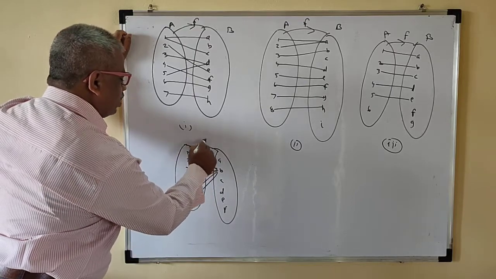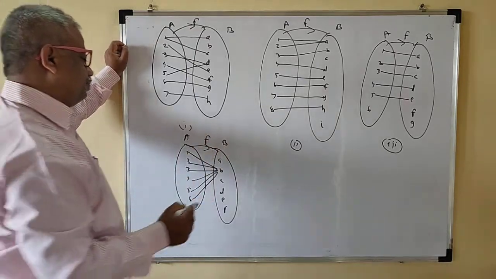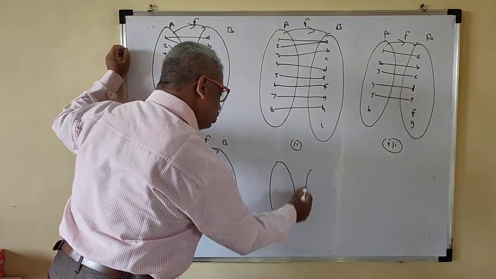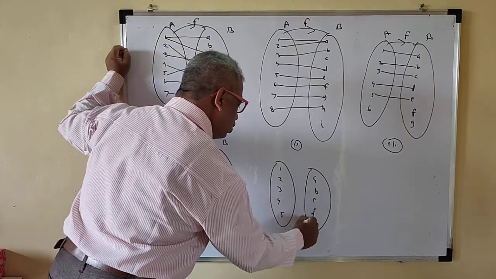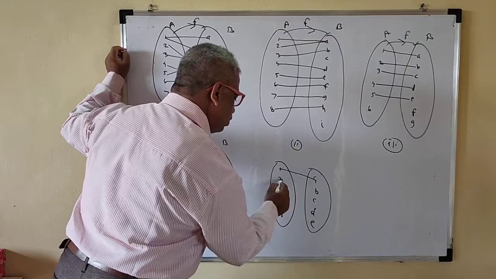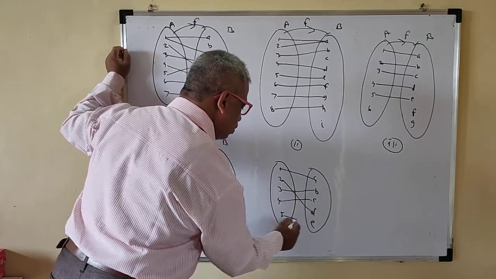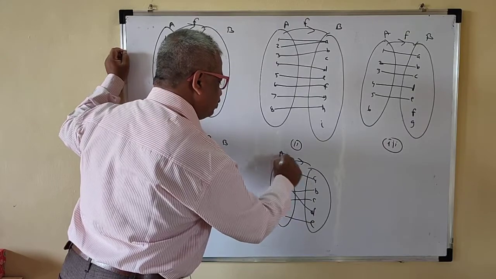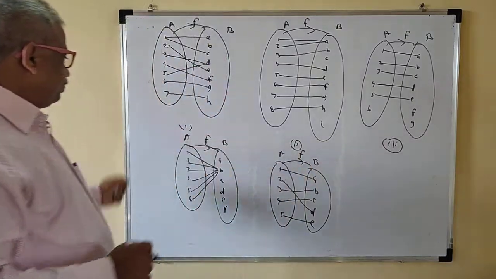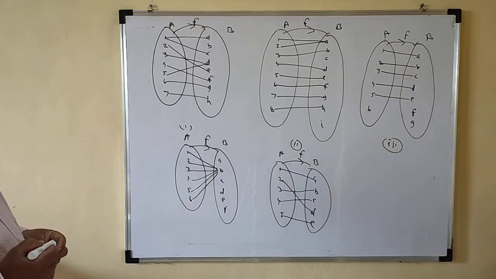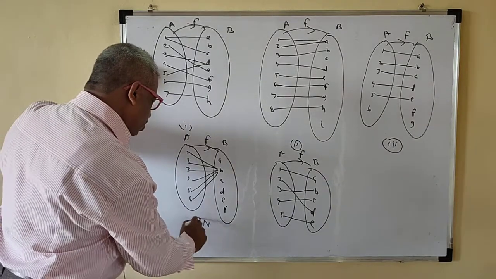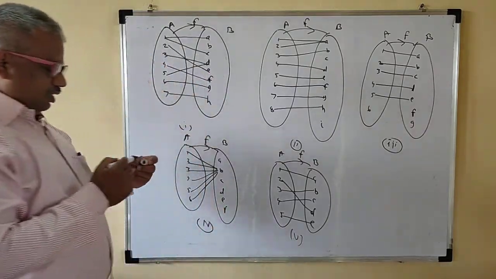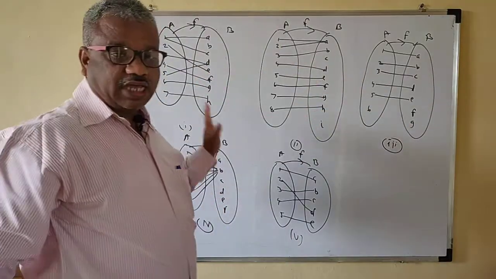This is a relation f from A to B. Suppose this is the fourth one, and this is the fifth one. Now check whether these relations are functions or not.